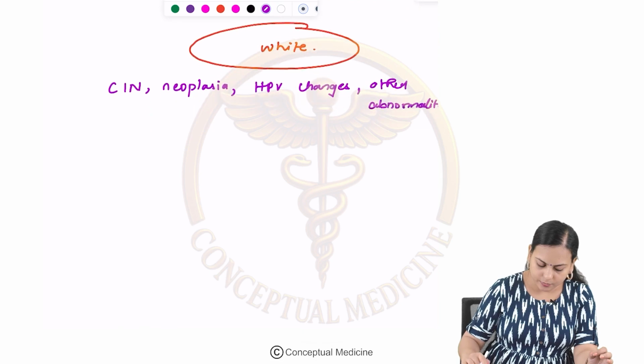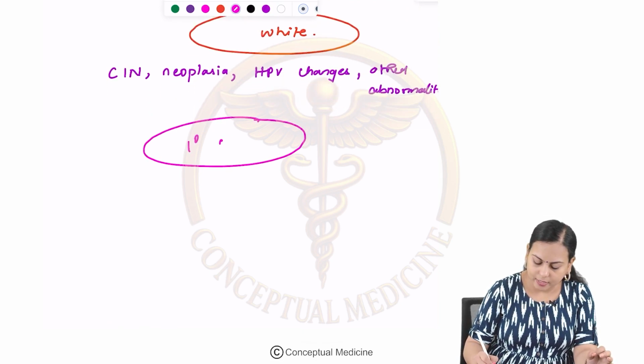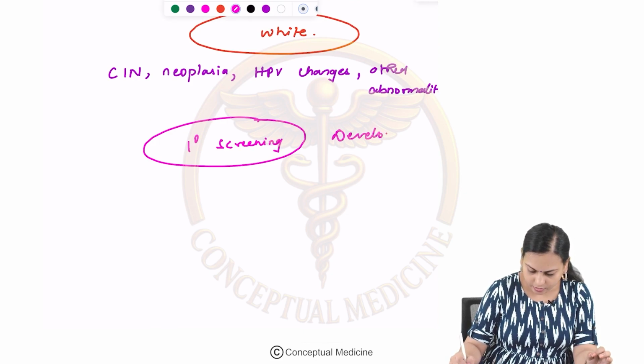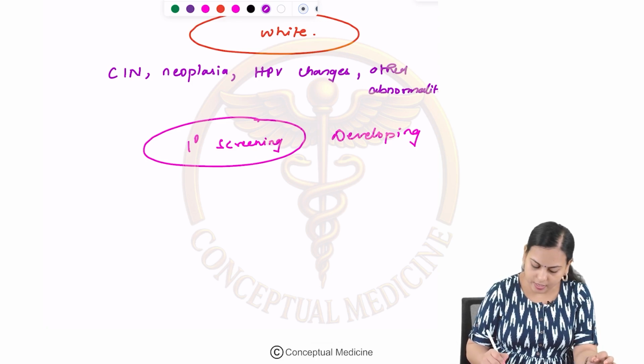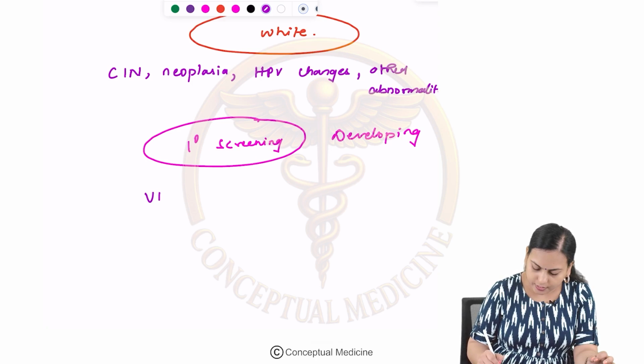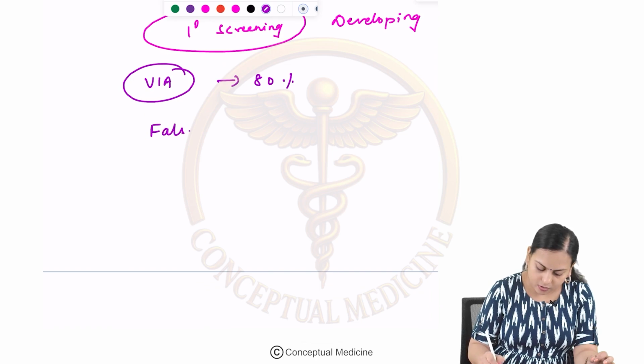This method is used as a primary screening method in many developing countries. Also you have to remember, the specificity of visual inspection with acetic acid is limited to 80%, and the false positive rate can be high.